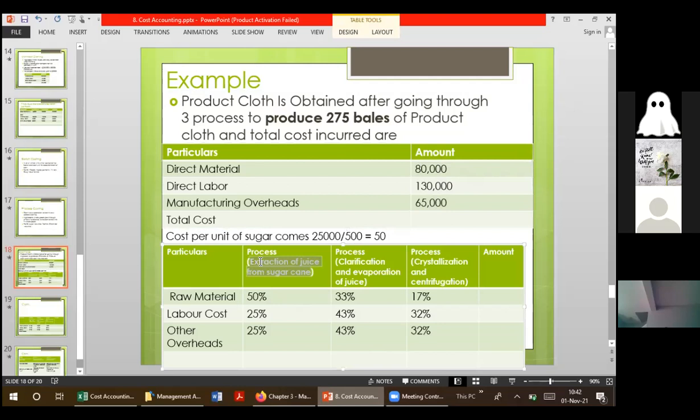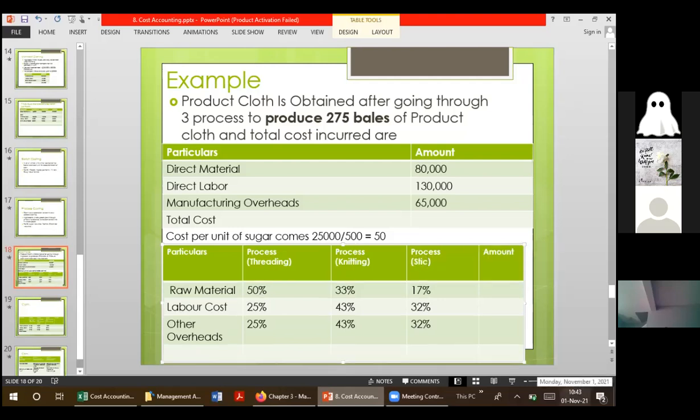Let's say the processes are called, I don't know what the process is called. They first create a thread, then there is the knitting of the thread together, and finally there is stitching of the cloth. So let's say that's how you make clothes.